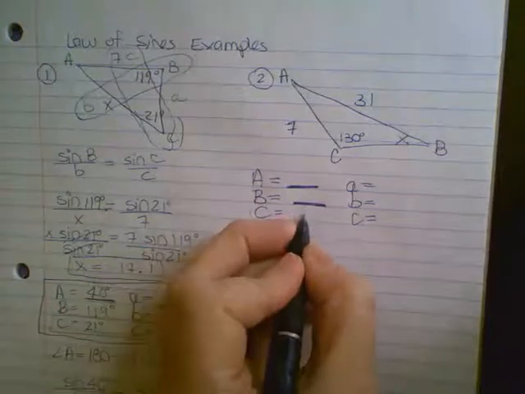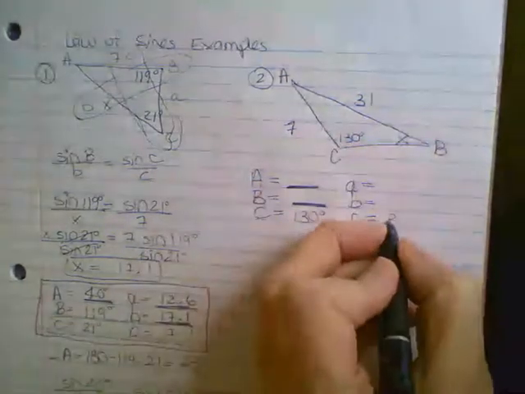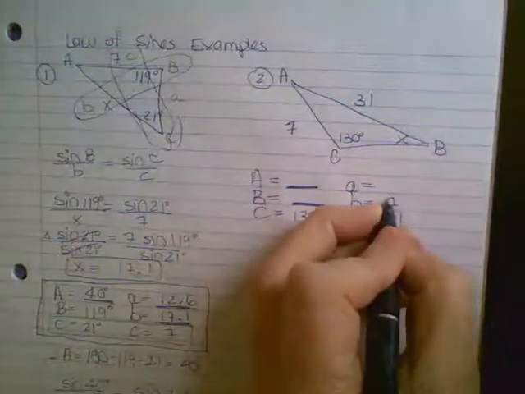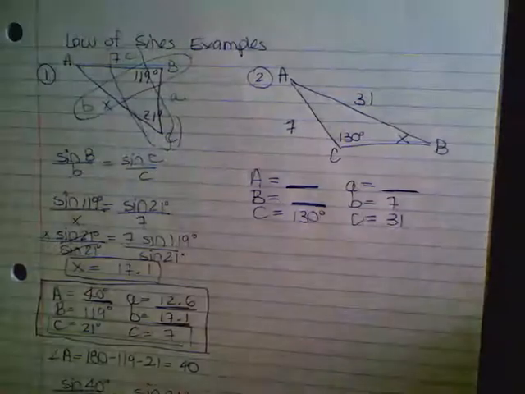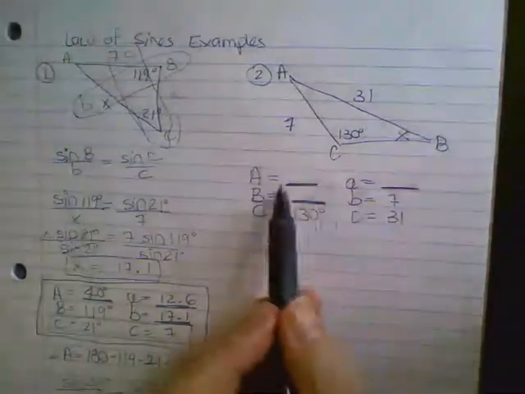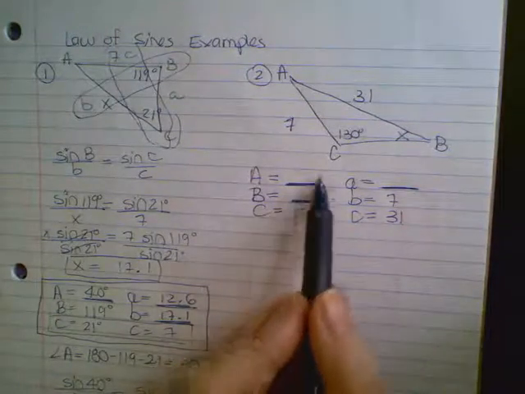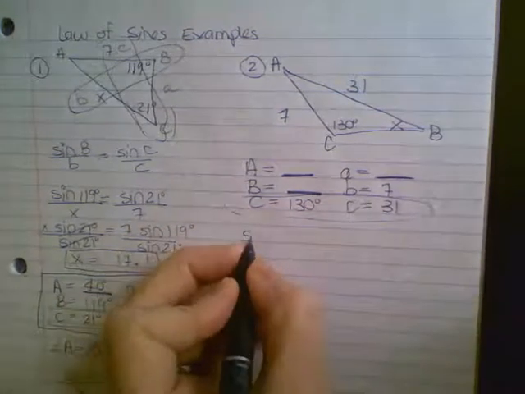Angle C was 130 degrees. Side C was 31. Side B was 7. And I don't know side A. So I can't really do anything with A at this point because I can't find that extra angle, right? So I'm going to use what I do know.